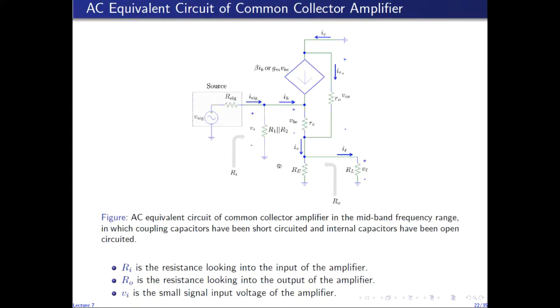So if this node and ground can be observed to make another port, then the resistance seen looking into this port, in other words, the resistance seen looking into the base terminal, is by definition equal to the voltage at the base Vi divided by the current entering the base IB. This resistance, the ratio of Vi to IB, can be clearly seen to be in parallel with R1 in parallel with R2. And this combination together gives us Ri.